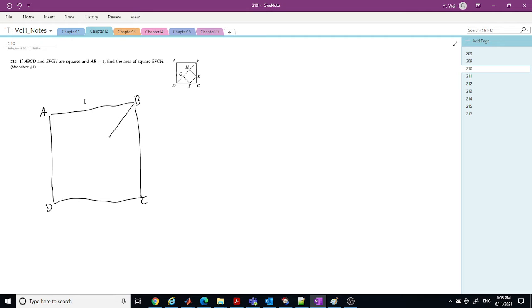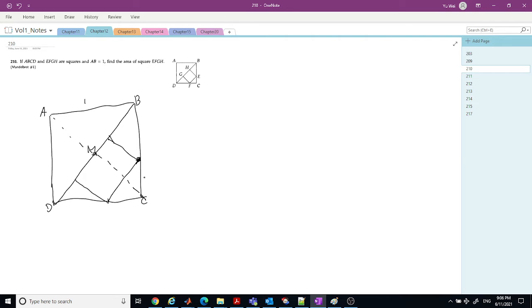And we connect it here. Then we know EFGH is also a square, so we draw this, and it's also a square. Now let's see. This is the AC, and you know this is the center. Let's call this M.